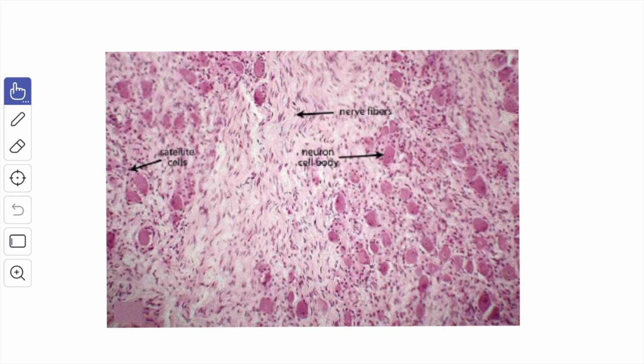The cell bodies of the preganglionic neurons are located within the spinal cord or brainstem. Their axons leave the spinal cord or brainstem and terminate by synapsing with the postganglionic neurons, whose cell bodies are located in the autonomic ganglia.